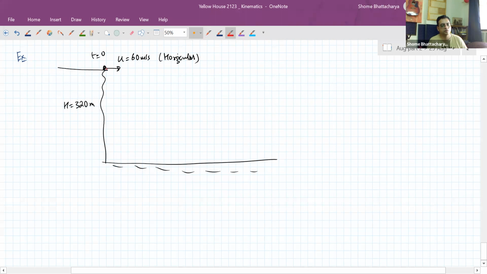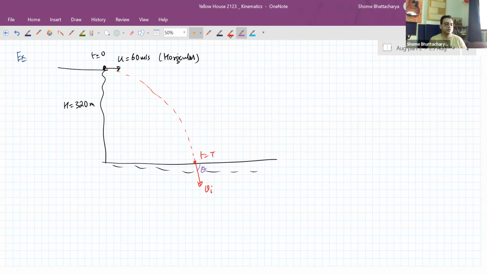It comes and hits the ground like this, at some time t with an impact velocity, let's say vi, which is also now making this angle with the ground, and at a range like this, the horizontal displacement.